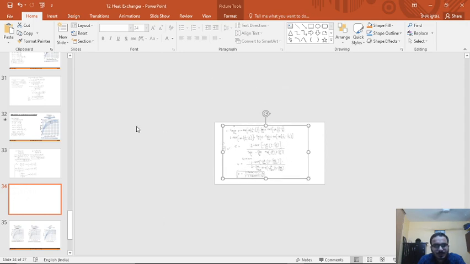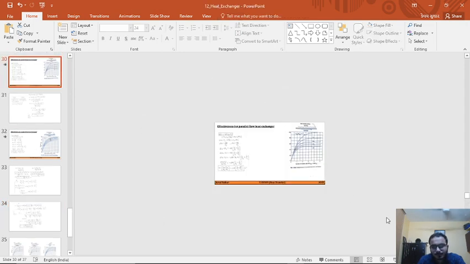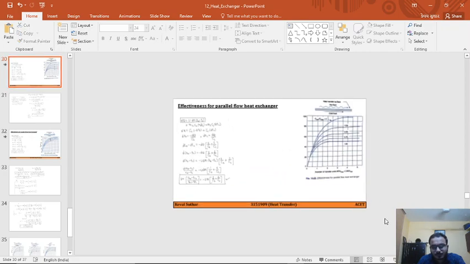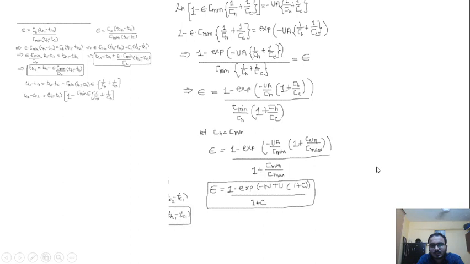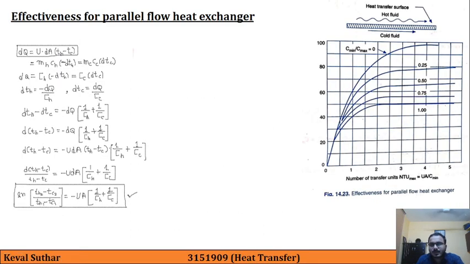Now regarding those graphs, these graphs are nothing but, here you can obtain the value of effectiveness over here on y-axis with NTU on horizontal axis, that is number of transfer units, and the capacity ratio.